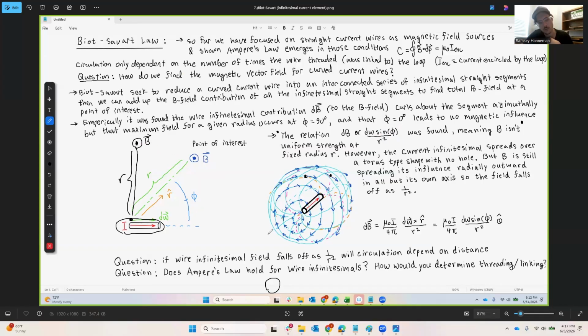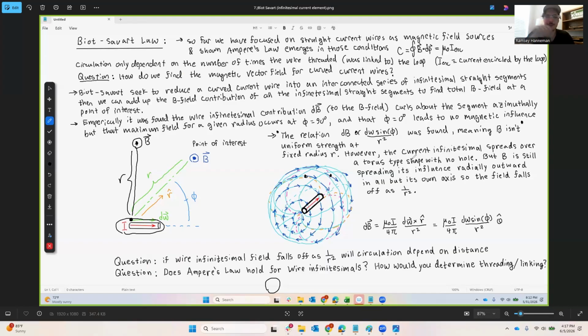So I did an art project and tried to represent what this kind of shape would look like because the B field curls around. It's still azimuthal, that's nice. The field is still always in the theta direction from the coordinate system, but this equal strength B field almost creates this apple looking shape, like a donut with no hole.